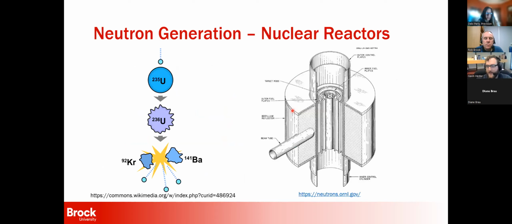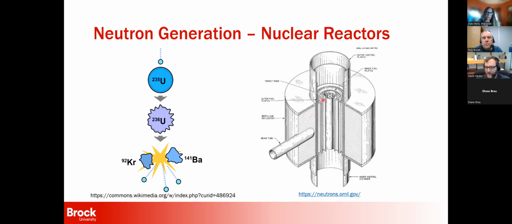So there are two ways that neutrons are generated. One is via a nuclear reactor. You get a rod of uranium-235, you start bombarding it with neutrons, it becomes radioactive, and ideally releases more neutrons than you put in to start the reaction. On the right is a diagram of the High Flux Isotope Reactor at Oak Ridge National Lab in the US.